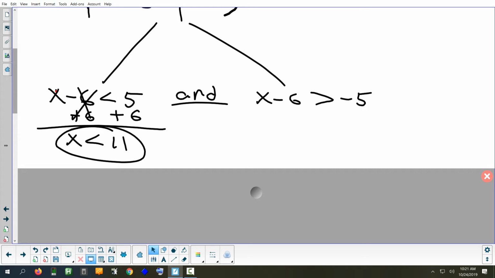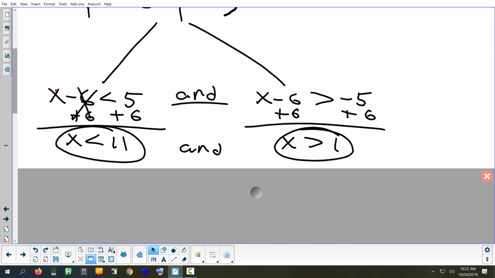Any question on that part? So we got x is less than 11. And add 6. What's my other inequality? I know x is less than 11, but it's also greater than 1. Perfect.